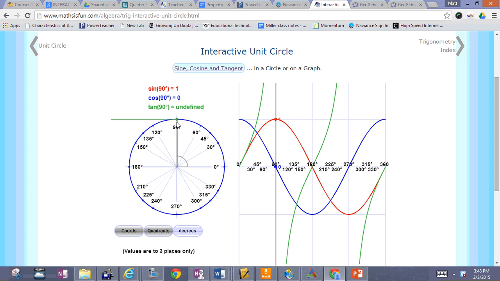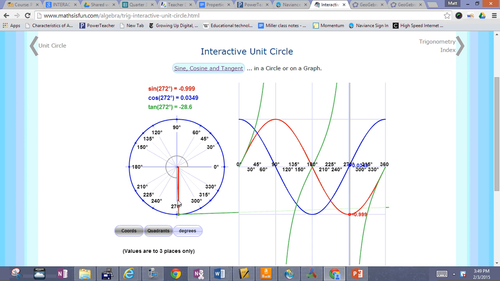At 90 degrees, the x-coordinate, the cosine, is 0, so we have an intercept. The cosine in quadrant 2, as we know, is negative, so the graph is negative. The cosine is also negative in quadrant 3, so the graph between 180 and 270 degrees is going to stay negative.